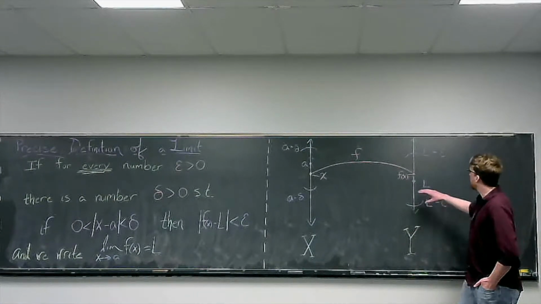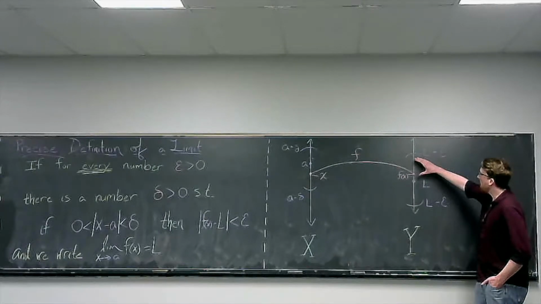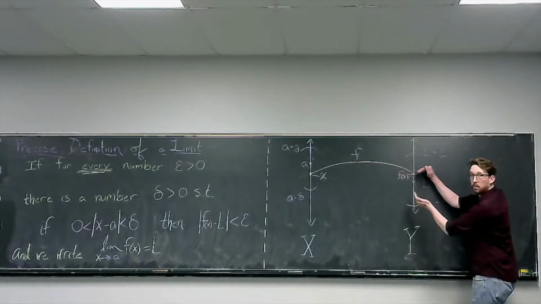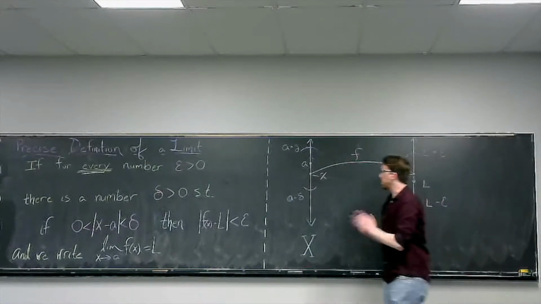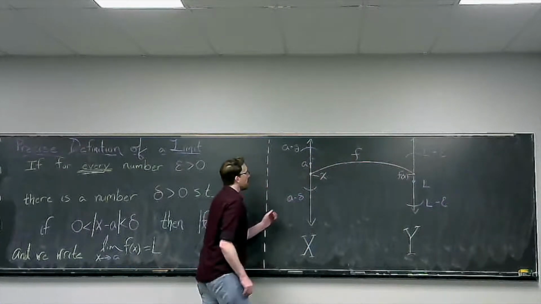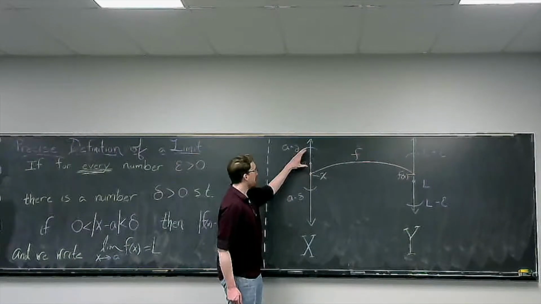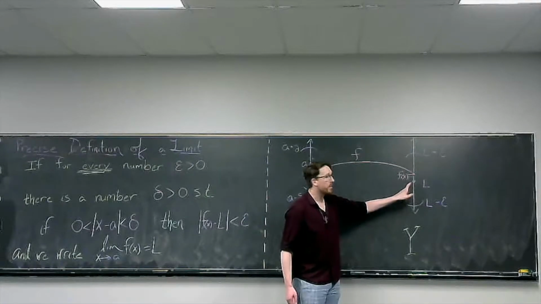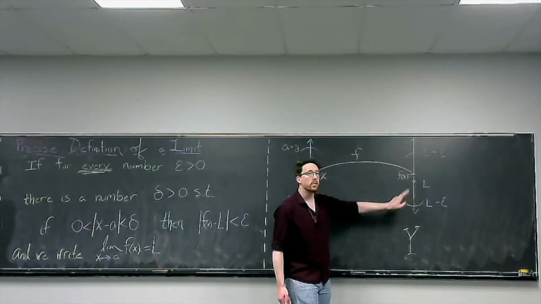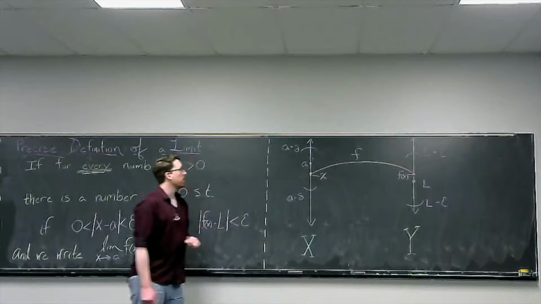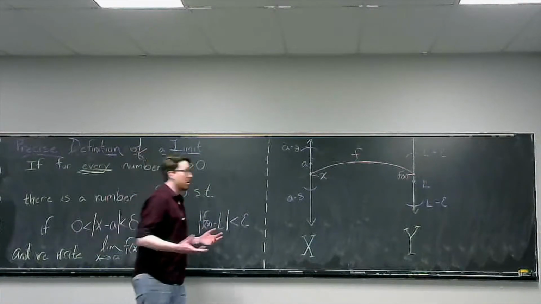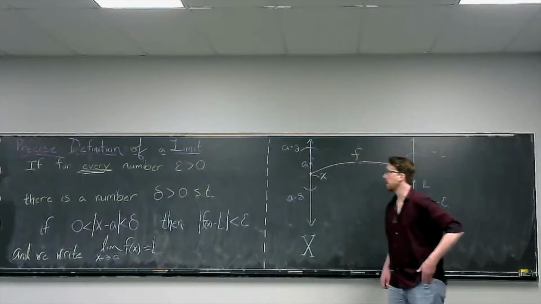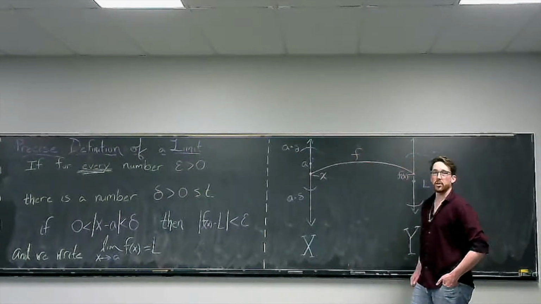It's saying that I can look at a smaller and smaller collection of numbers around L, and I can always find a collection of values around a in an appropriately small ball, such that the function will map back over to this. And the implication is that the limit exists. That's what we're saying here, that this is the proper definition of the limit.